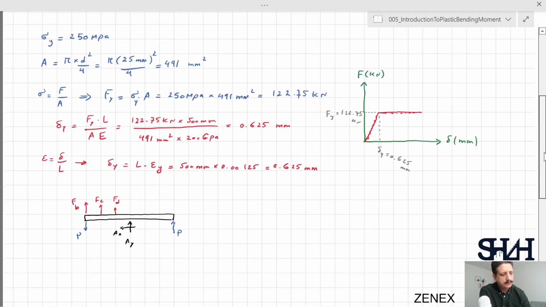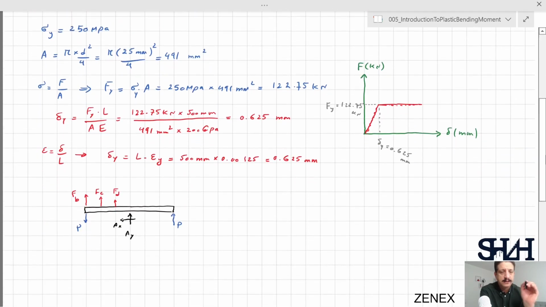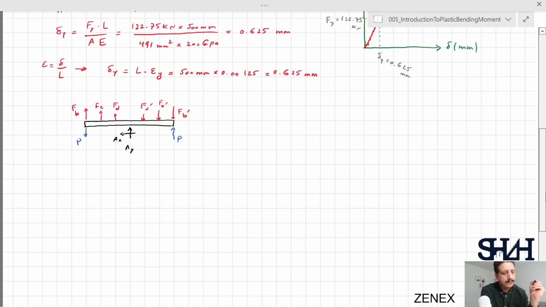And in the other side, we have the same values in the opposite direction. We know that there is no horizontal force in this case, and AX is there just to keep equilibrium and solving the equation.